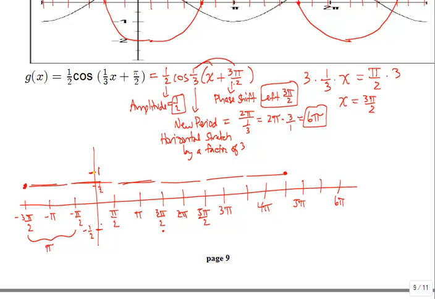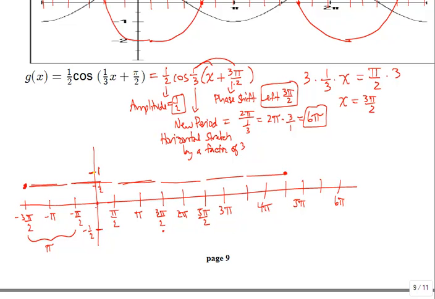And we would normally have some zeros in between these 2 points, so we're going to have to estimate where that would be. This is 3 pi, so that's 1, 2, 3, 4, 5, 6 pi over 2's, so 1, 2, 3 pi over 2's would be halfway in between.